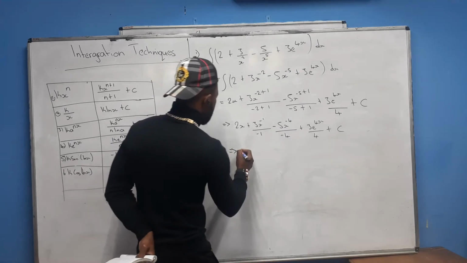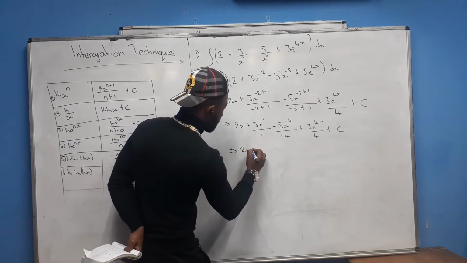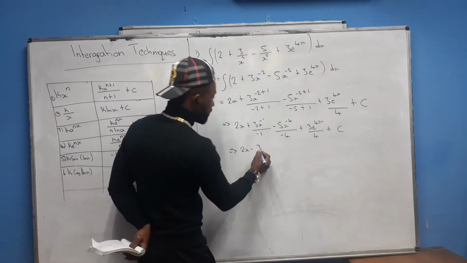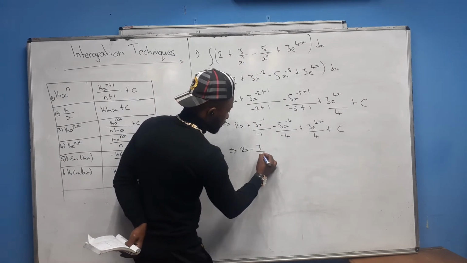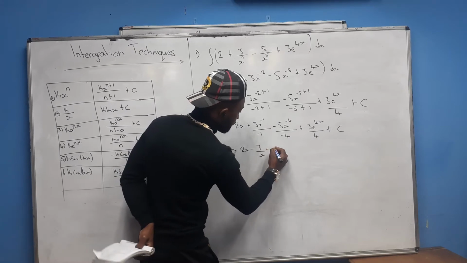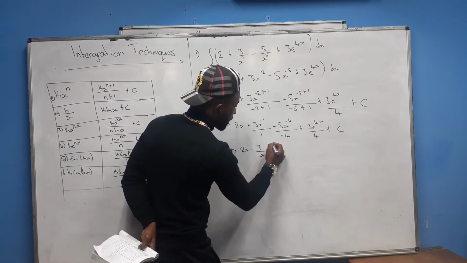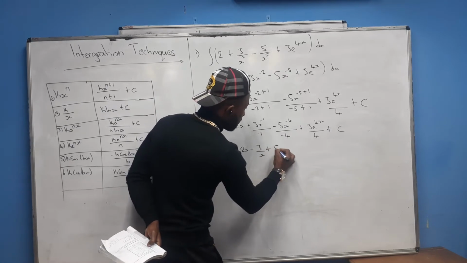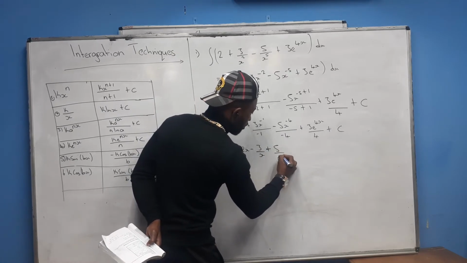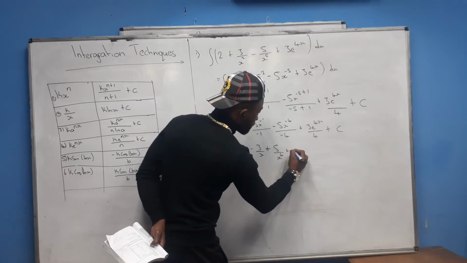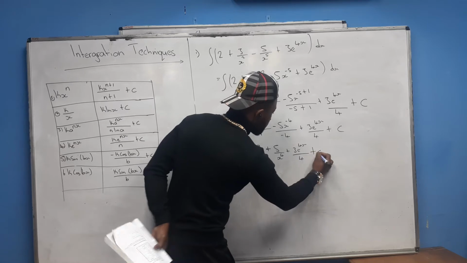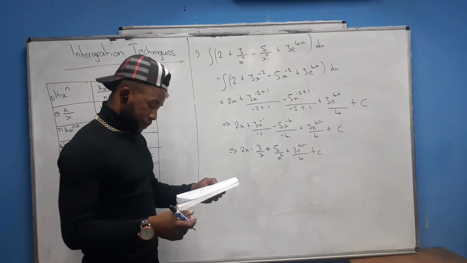Then I can simplify this. It is the same as 2x minus 3, and remember, if you have a negative power, you can take it down to be over x. I have minus and minus, so here I'm going to have a positive 5 over x to the power 4 plus 3e to the power 4x divided by 4 plus c.